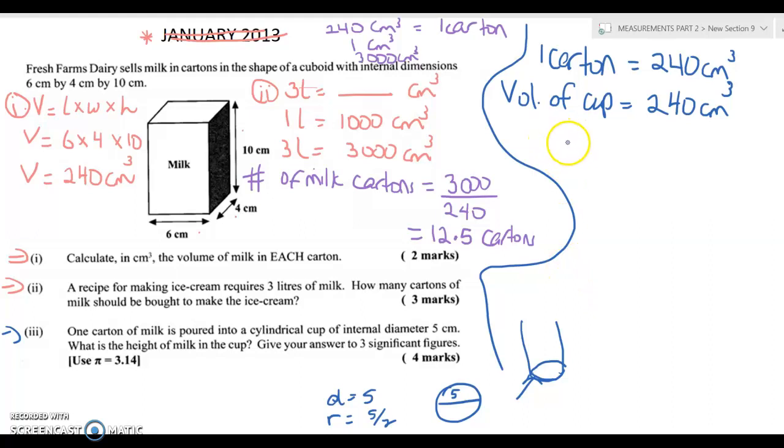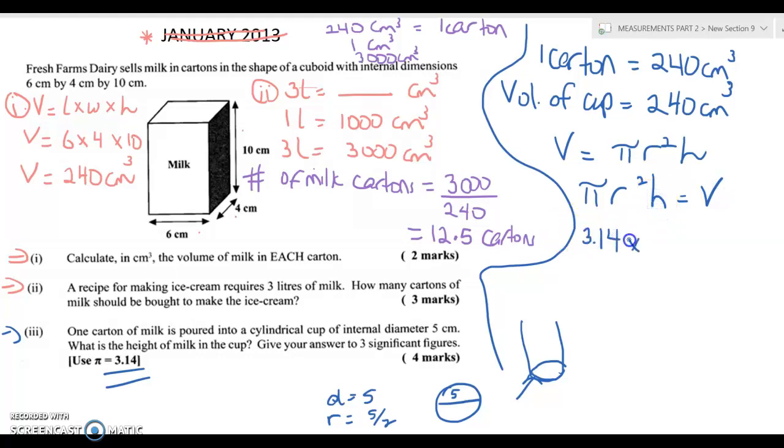So now, since it's a cylinder, looking back to the formula given in the formula sheet, it's given to you: pi r squared times height, and they told us to use pi as 3.14. So my volume, actually let's switch around the formula one time. So we have our unknown. So pi is 3.14 multiplied by r squared, so that's radius squared.